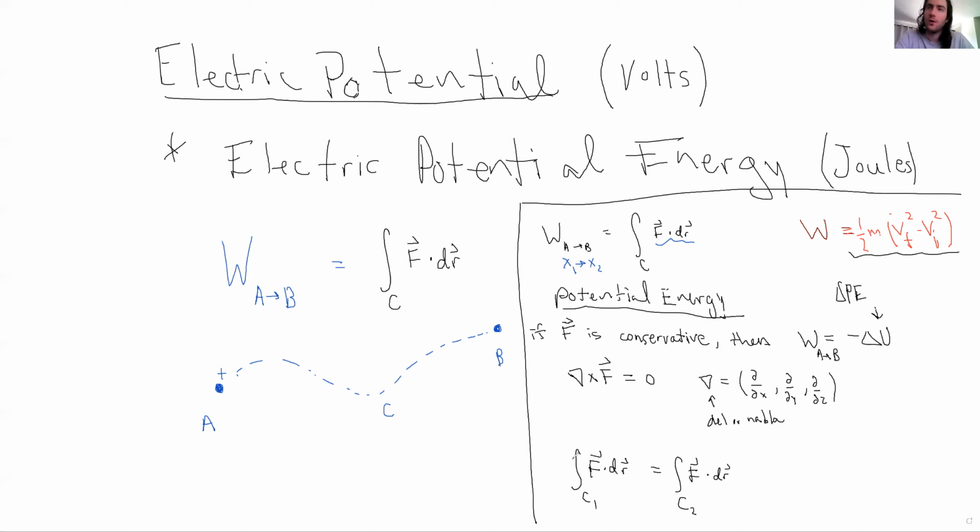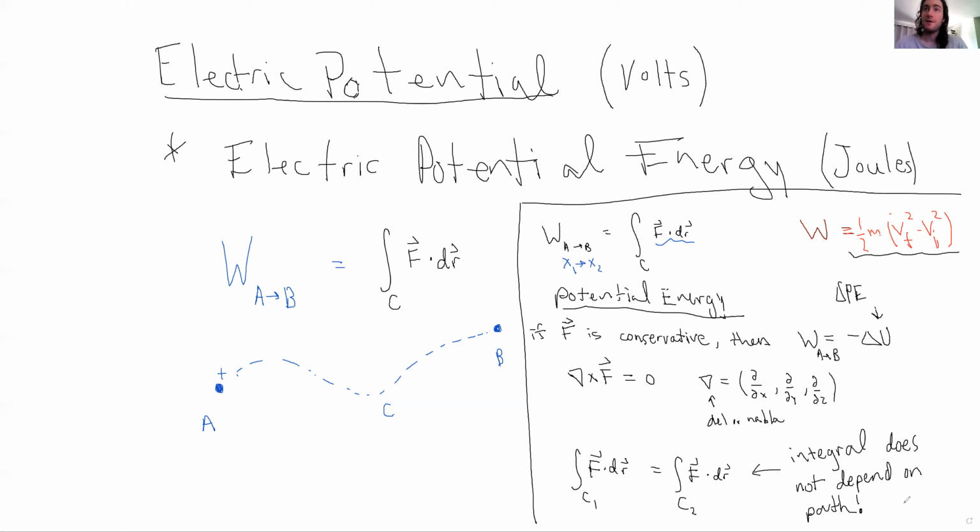This means that this integral here does not depend on the path C1 or C2 and so forth. It doesn't depend on the path. So the integral does not depend on path. Right, so if that's the case, then f is also conservative, okay?